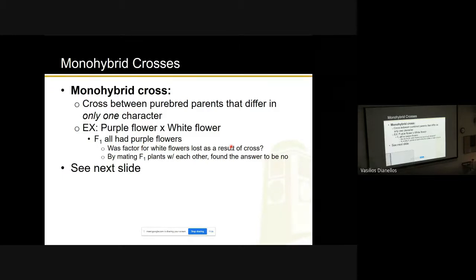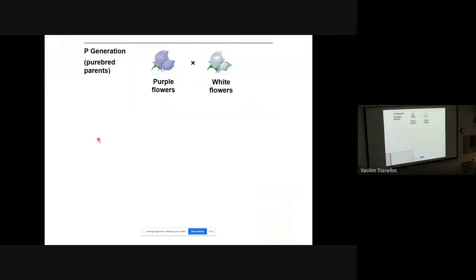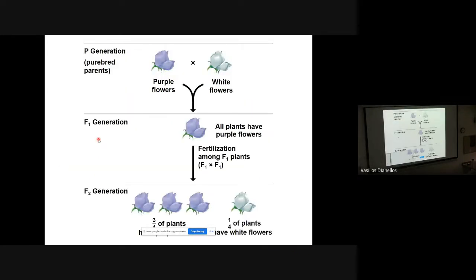And by doing that, he found out that the answer was no. The factor for the white flower was not lost, even though 100% of the time in the F1 generation it seemed to be lost, because 100% of the F1 generation had nothing but purple flowers. Once he crossed that F1 generation and saw the F2 generation, he found out that, boom, there was that white flower again.